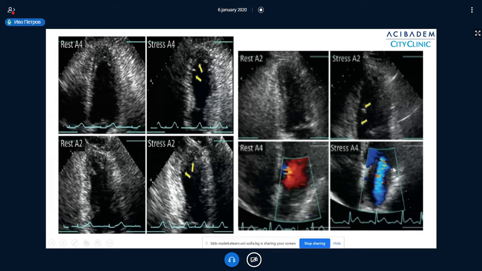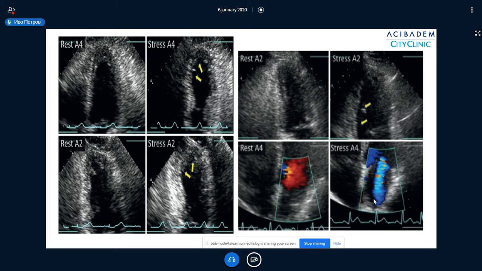Another detail that can be observed during the exercise is acute mitral regurgitation. So in case the patient doesn't have mitral regurgitation during rest, but has it during the exercise, this is also telling us that the patient probably has ischemia of the papillary muscles that are important for the coaptation of the leaflets of the mitral valve.